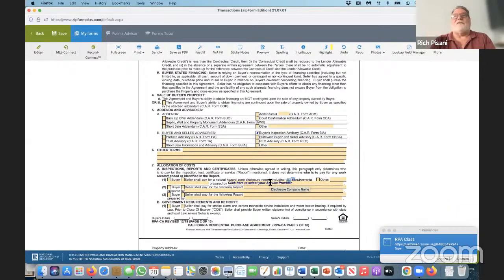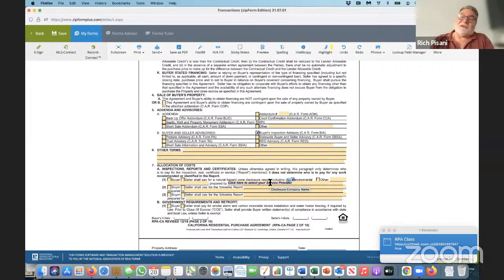Don't say seller to pay for a termite report and then to do section 1. Don't do it, because if it has a loan and you're trying to negotiate a credit instead of doing the work, the lender will not let you do it, because termite is a part of this agreement and they are going to want to see a clearance. So that means all the work has to be done before close of escrow.